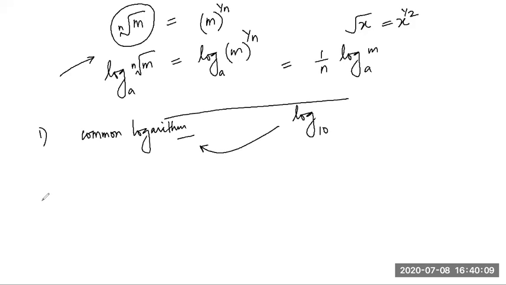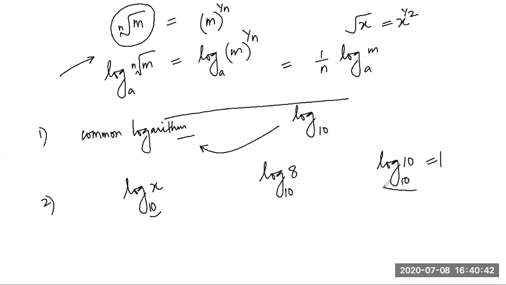Now, number 2, if the base is not given, let's say it's written log of x, it's assumed that the base is what, students? 10. Suppose it's written log of 8, somebody says find out log of 8. You will automatically understand that the base is 10. Somebody says find log of 10, without mentioning the base, you will always take base as 10. Obviously, it will be equal to 1.